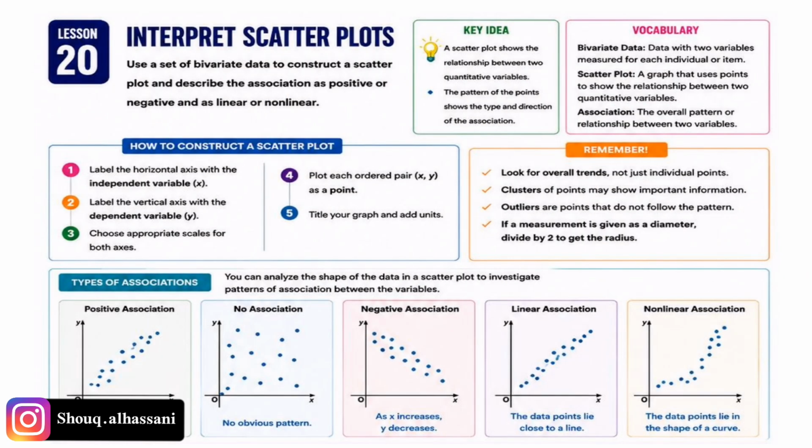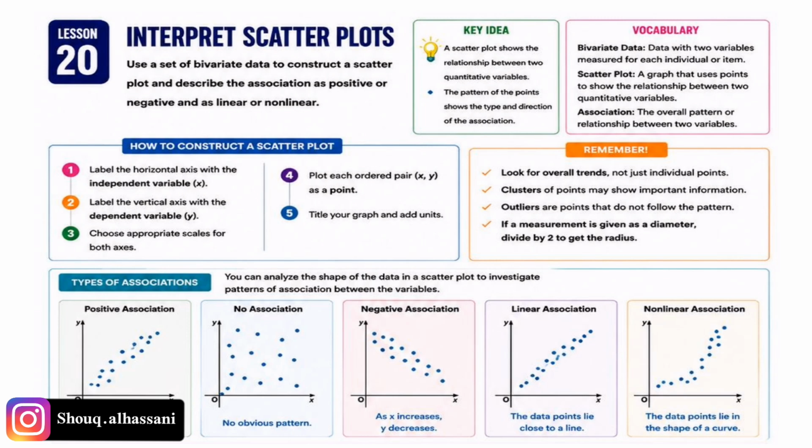Now we will not just learn, we're detecting patterns like data detectors. Imagine you have a scatter plot. It is just a graph that shows how two things are connected. First mission is to build the scatter plot. We start with the axes.